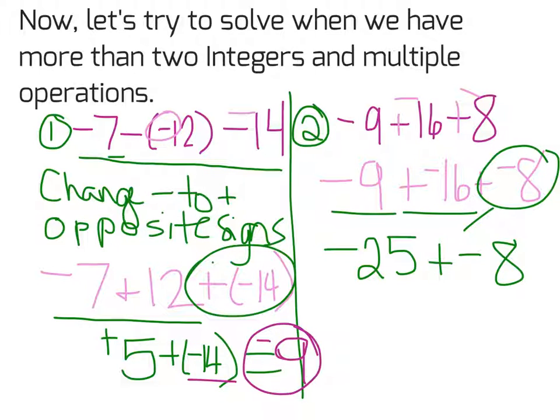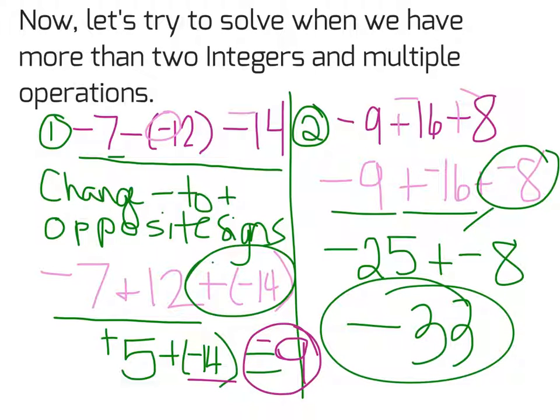Good thing is I have the same signs again, so a negative plus a negative, still negative, and 25 plus 8 is 33. Oops, 33. So -33 should be our answer. All right, let's go ahead and move on to the next page.